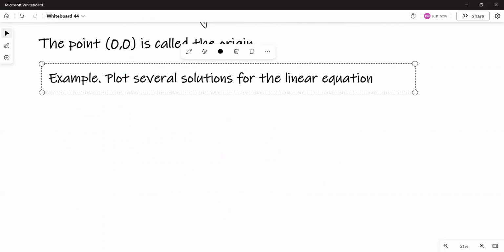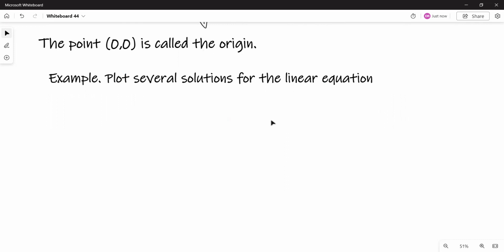Okay, the linear equation is 3x minus y equals -1. So what we're going to do is solve this equation for y.